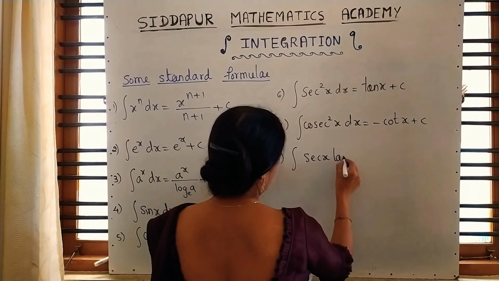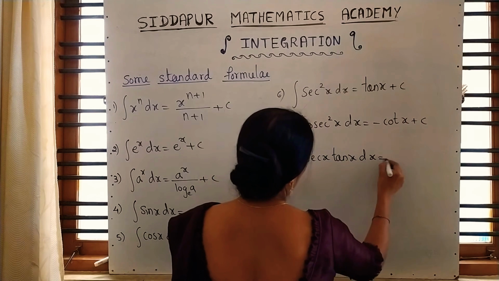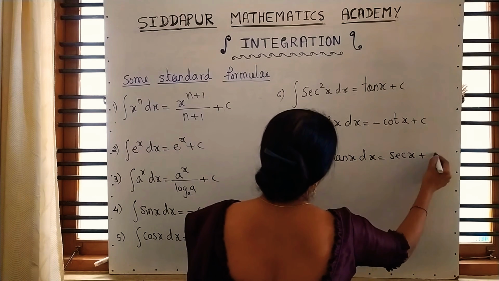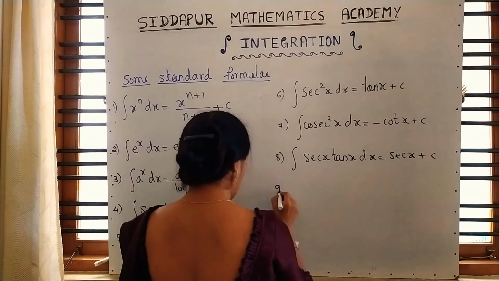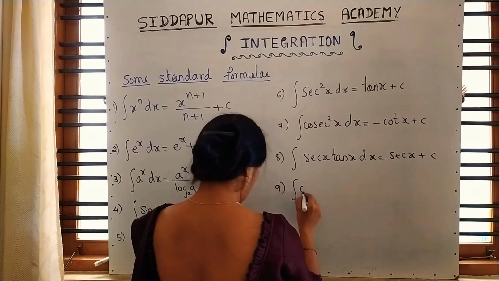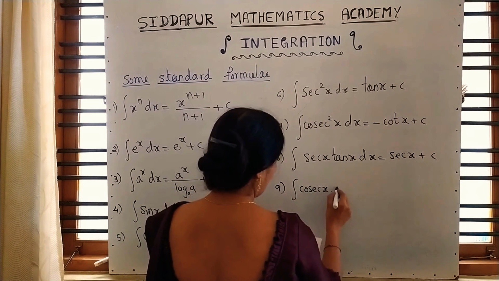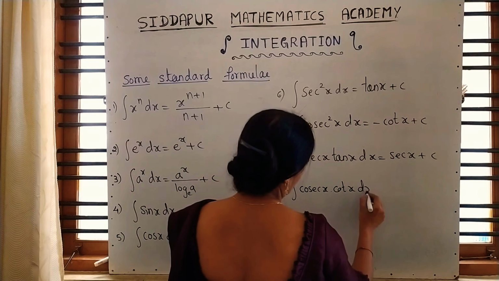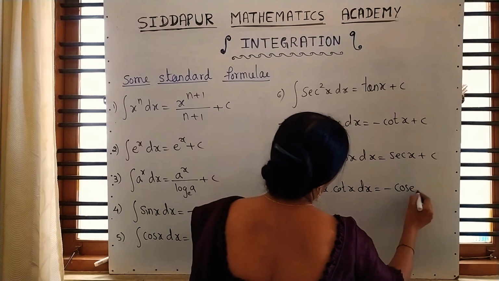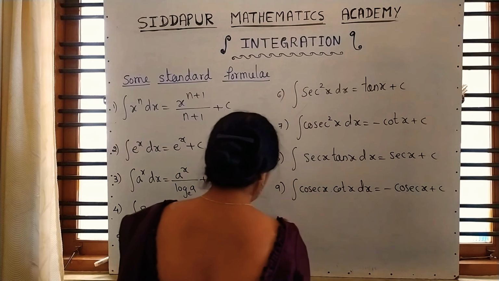Sec x into tan x. Yes, it is the sec, because the differentiation of sec will be sec into tan. Then minus cosecant.